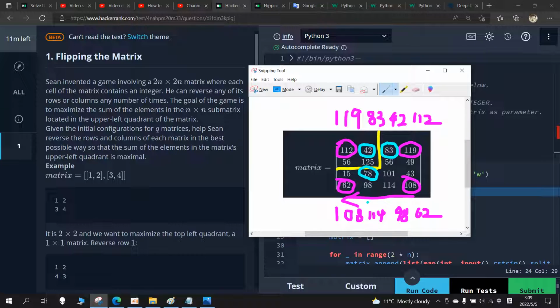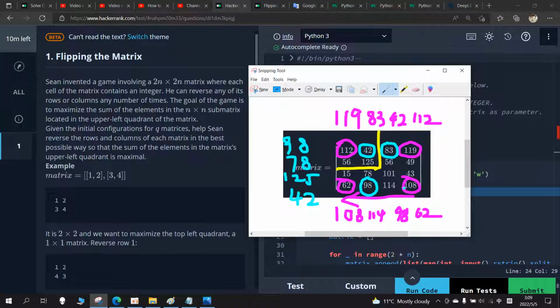For the second one, it can be 98, and then 78, and then 125, and then 42. It should be this one. I made it wrong. It's 98 instead of 78.